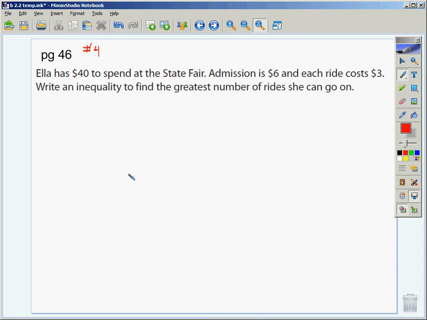And we want to make sure that when we're writing and comparing the inequalities, that we're comparing like things, two totals compared to each other. Ella has $40 to spend. Admission is $6. Each ride is $3. Do I know how many rides she's going to go on?